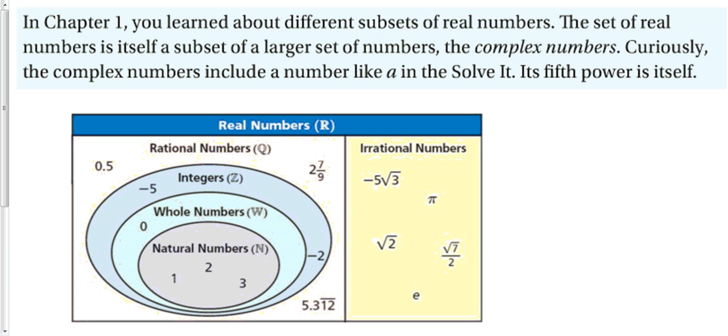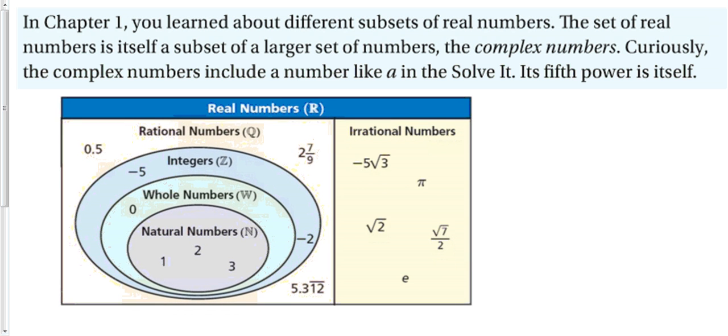So in chapter 1, we learned all about the subsets of all the real numbers, which are right here: rational numbers, integers, whole numbers, natural numbers, and irrational numbers. So all these numbers are considered real numbers.